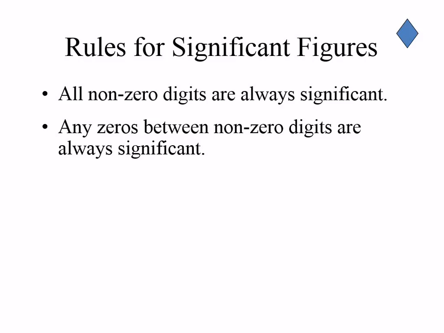Oh, guys. So the zeros are the issue. If that 0 is between two non-zero digits, then it counts. An example of that would be 400.32 grams.